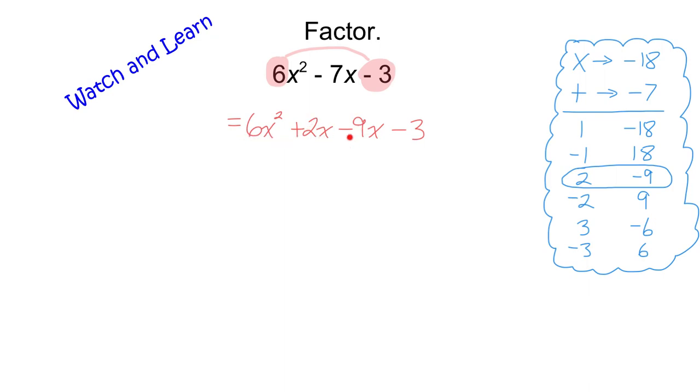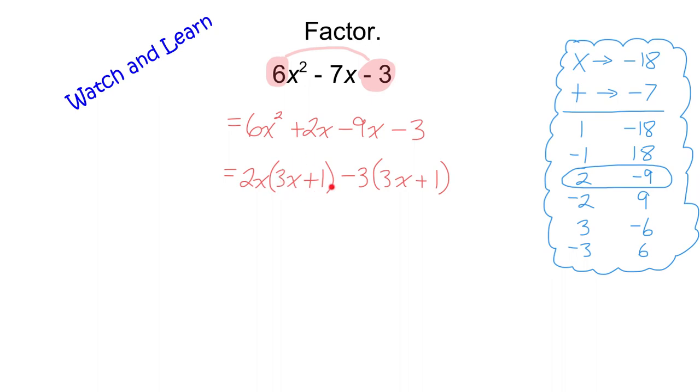Now I have 4 terms, and I'm going to factor by grouping. So 6x squared plus 2x has the greatest common factor of 2x, and the other factor must be 3x plus 1. In negative 9x minus 3, I'm going to use negative 3 as my greatest common factor. The other one will be 3x plus 1.